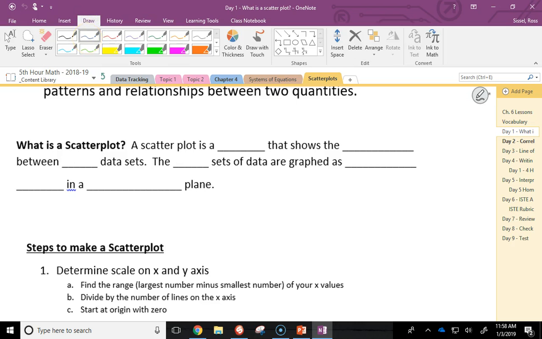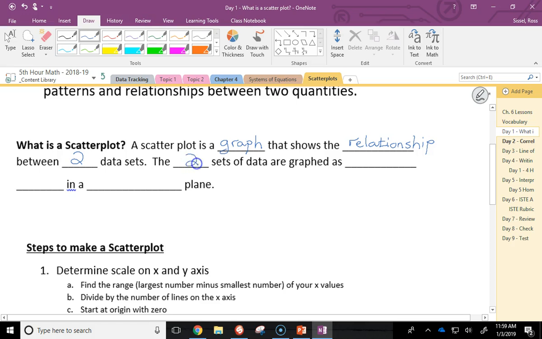So the first thing that we are going to put in here says, what is a scatterplot? A scatterplot is a graph that shows the relationship between two sets of data, or between two data sets.